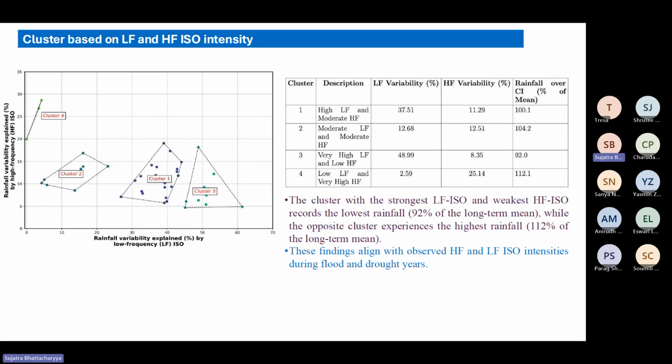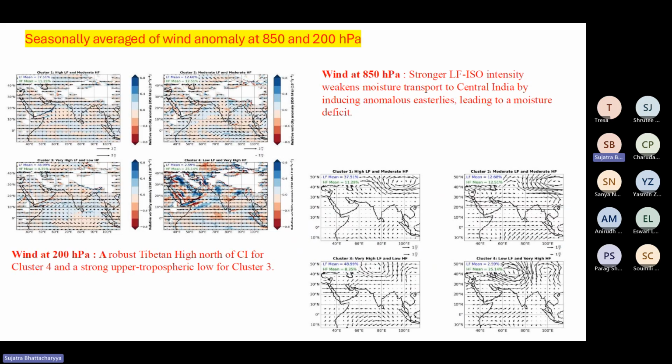In order to understand how the mean picture plays out behind the rainfall, this is the seasonal mean of the years of the particular clusters for the 850 hectopascal wind, and this is the 200 hectopascal wind.